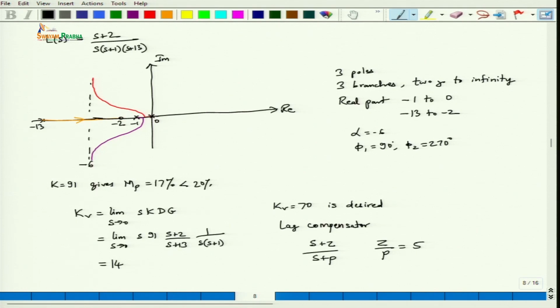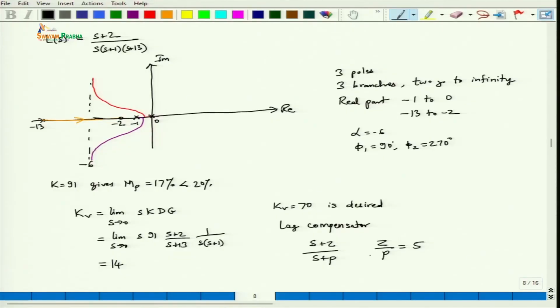Now, you could say, okay, z by p is equal to 5, but what is the multiplying factor? For example, you can place the zero at 5 and the pole at 1, or you can place the zero at say 50 and the pole at 10. So, we want to do this, z by p equal to 5, in such a way that we do not affect the existing root locus.